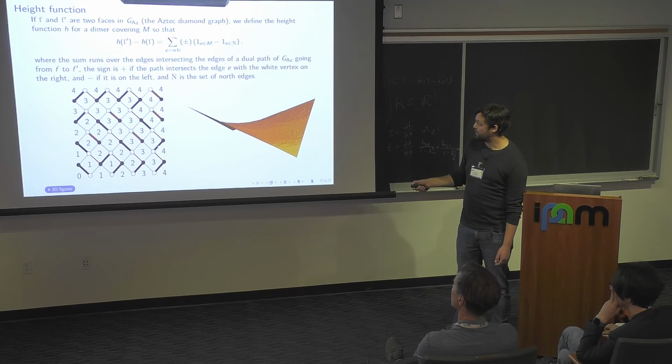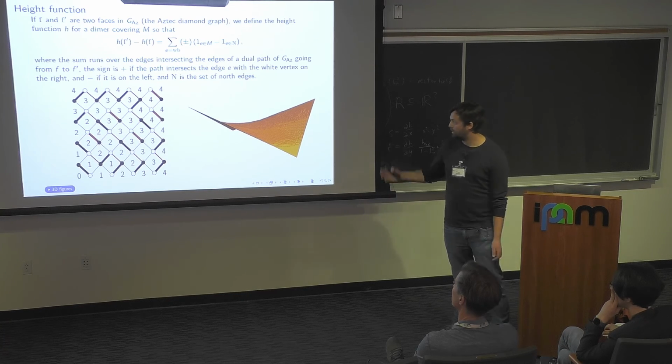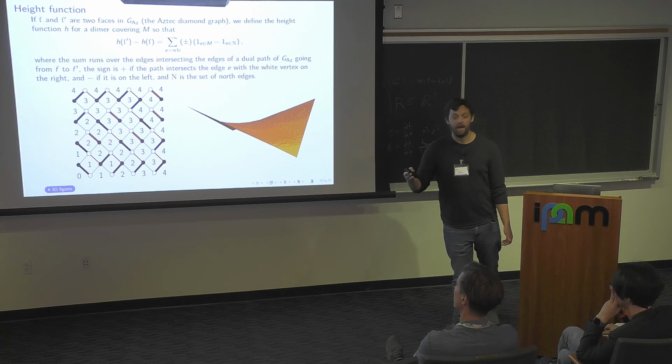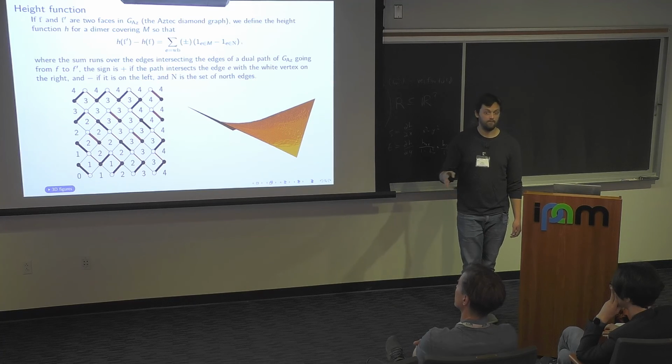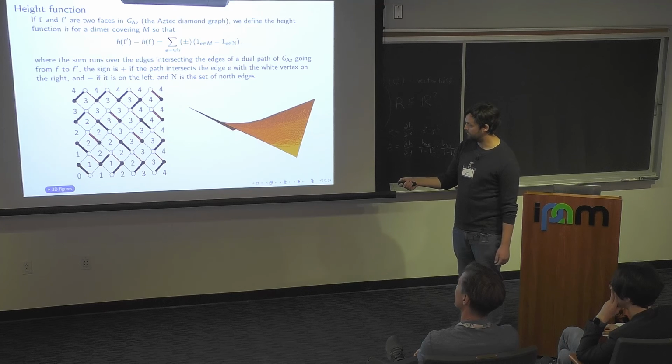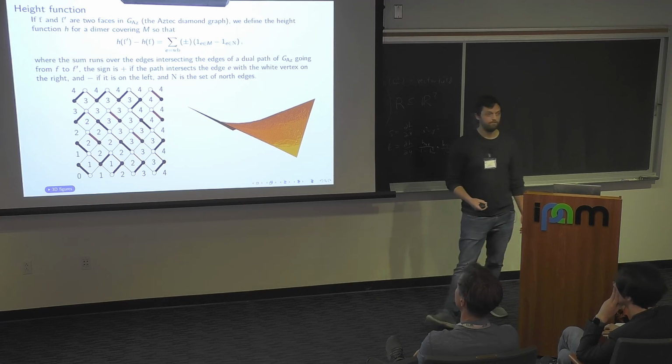And the height function is defined for our purposes as the function having these non-intersecting paths as their level lines. So it's 1 here, and then you cross one of these paths and you get 2, and then you cross another path and you get 3.